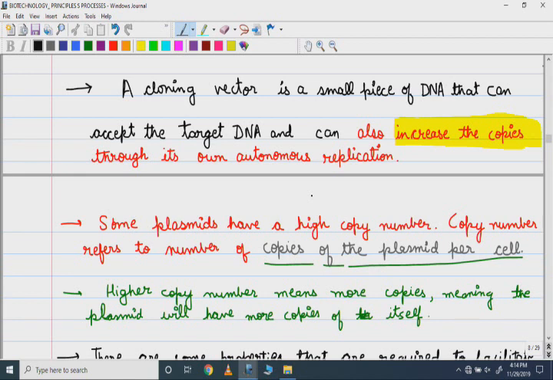Own specific copy number means it can increase the copies of its type by a particular number, and this number is fixed for each plasmid. We take a high copy number plasmid, introduce a gene into it, and this ensures that multiple copies of the gene are made.